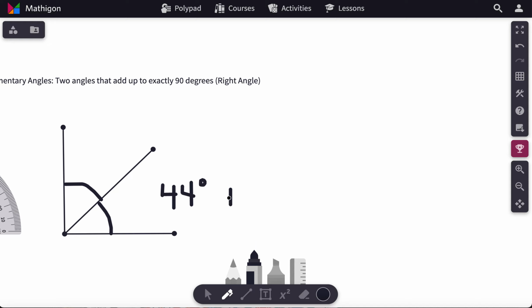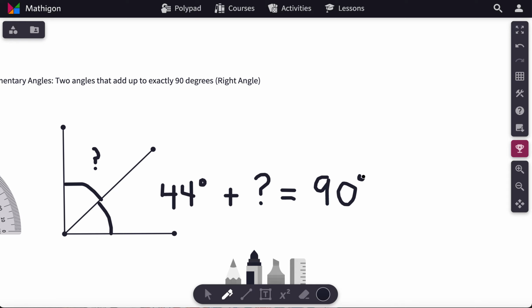And we're going to add an unknown, which we're just going to symbolize with a question mark. Oftentimes in math we see the letter X, but today we're just going to be using a question mark, which is this angle right here. And we know that this adds up to 90 degrees.